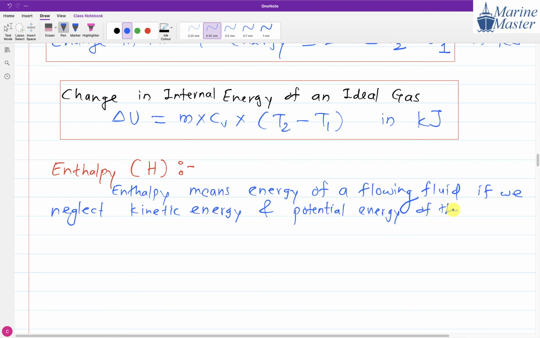What is meant by fluid? We already explained: the thing which can flow, such as liquid and vapors. Please write down this definition. So enthalpy means the energy of a flowing fluid.